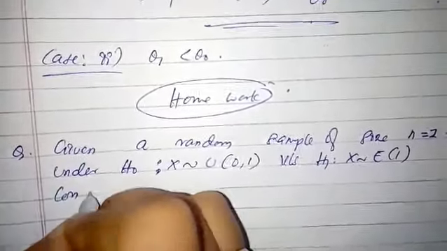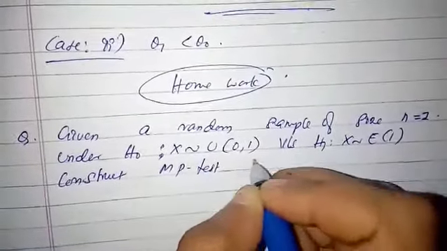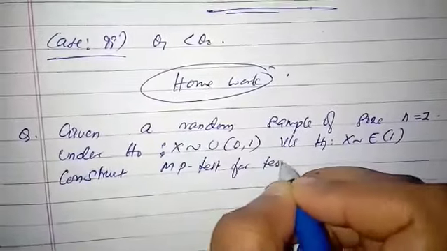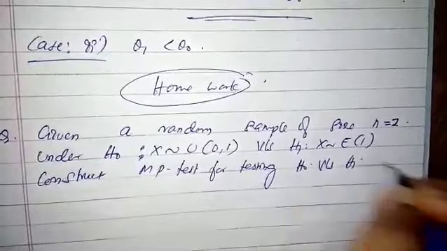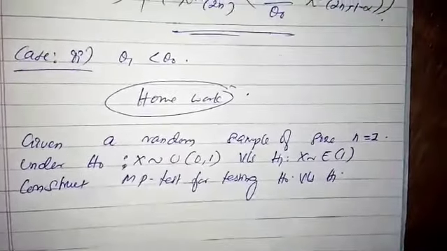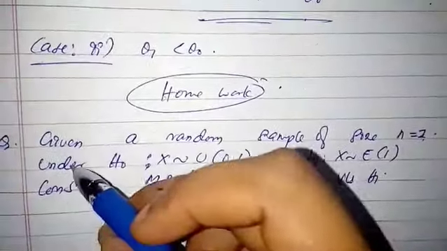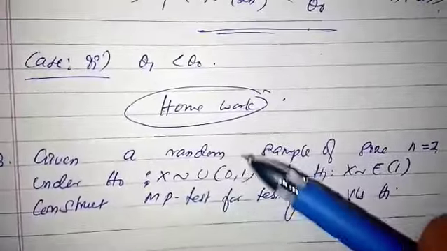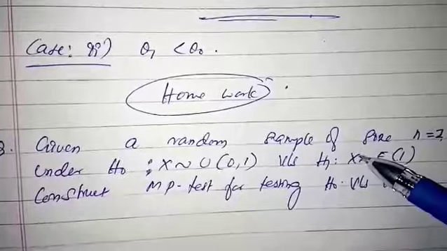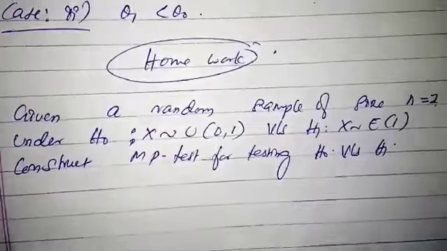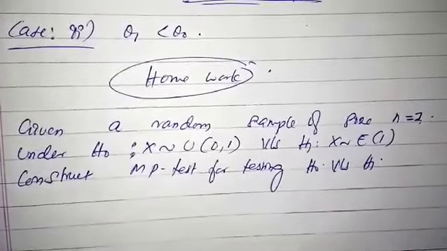Construct the most powerful test for testing h naught versus h1. So here the question is, given a random sample of size 1, h naught is x follows uniform 0 comma 1 versus h1, x follows exponential 1, and construct the MP test for testing h naught versus h1.